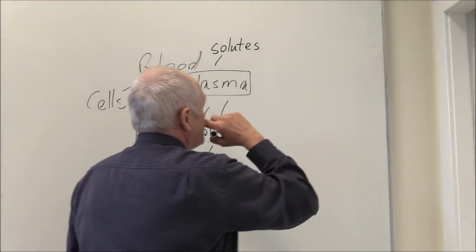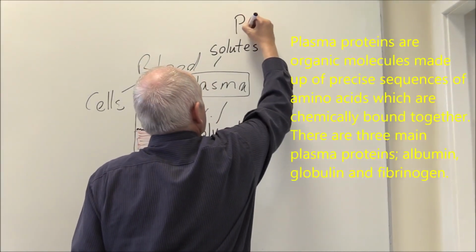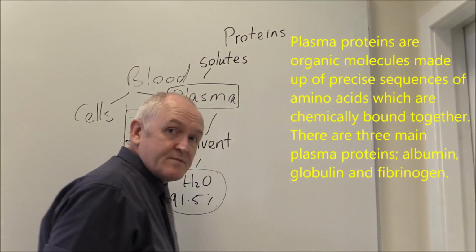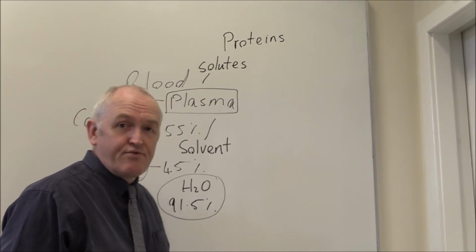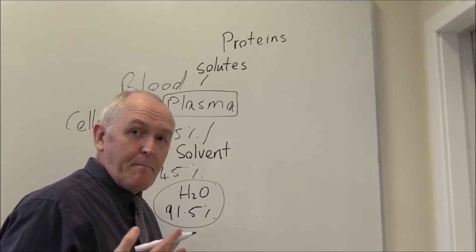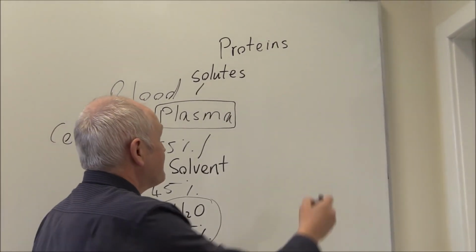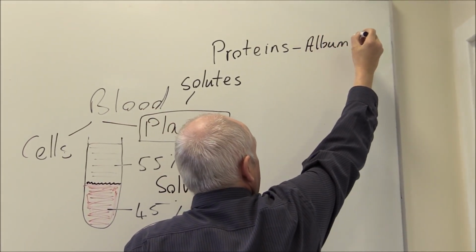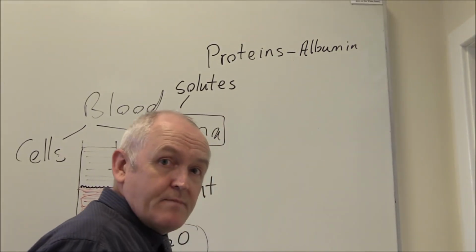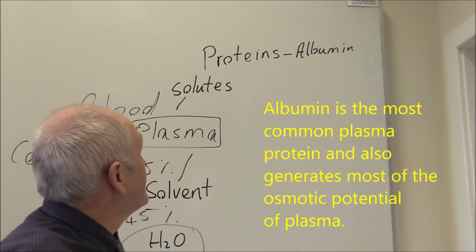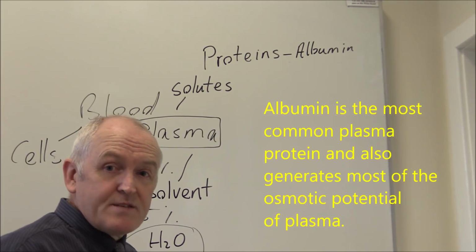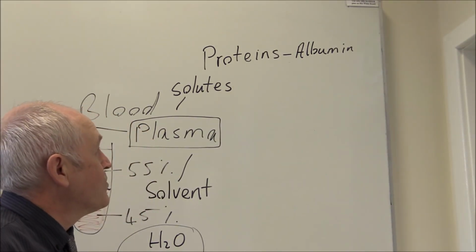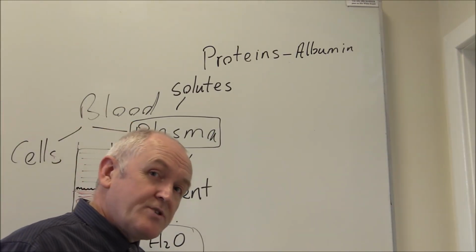And the first one we can mention are proteins. In the plasma, there are plasma proteins. Proteins are the big molecules. So, for example, we have albumin. Now, albumin is the most common, most ubiquitous protein in the plasma, and it's a large protein, a large molecular weight, so it's very osmotic.